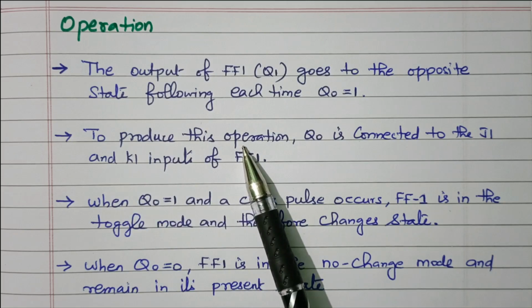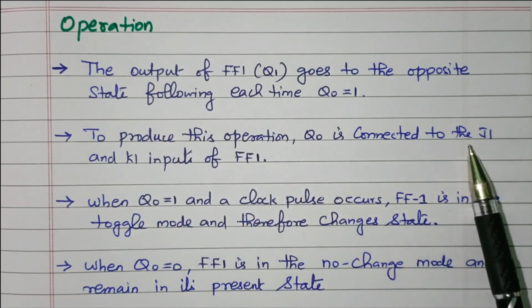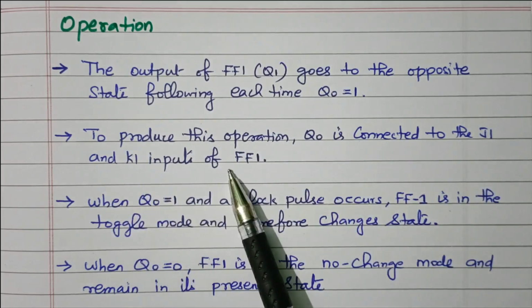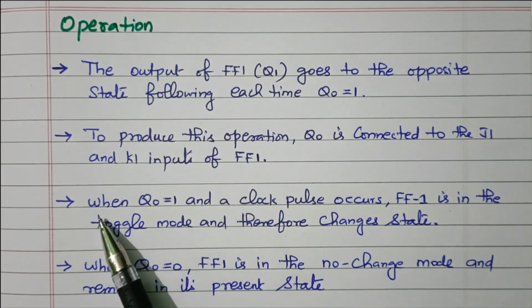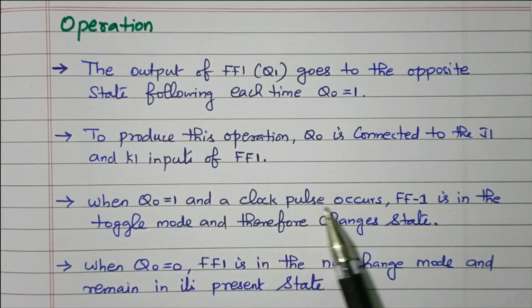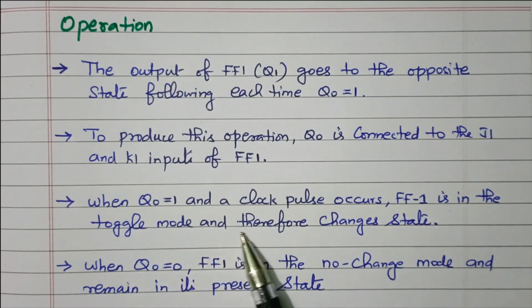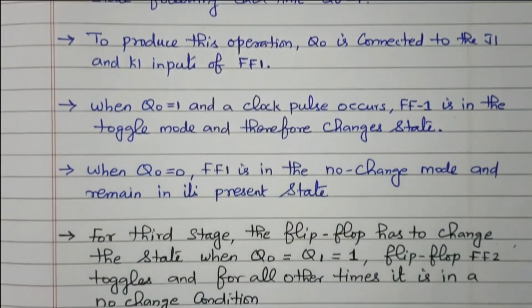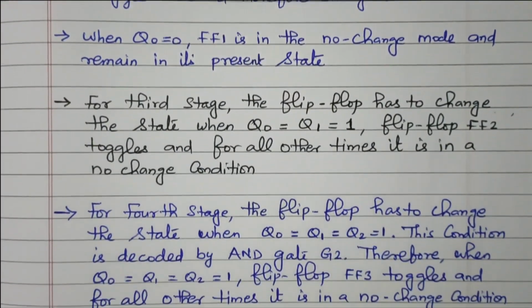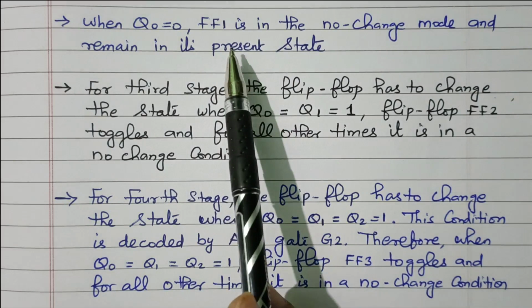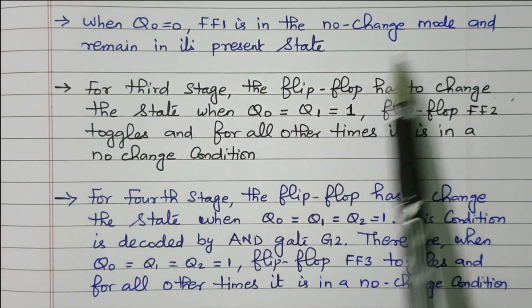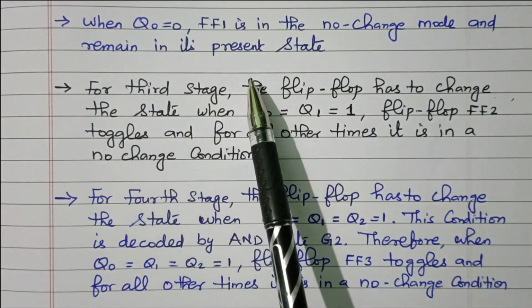To produce the operation, Q0 is connected to J1 and K1 inputs. That we already know. When Q0 is 1 and a clock pulse occurs, F1, the second flip-flop, is in toggle mode, thereby changing the state. Right. When Q0 is 0, flip-flop 1 is in the no change mode and remains in the present state.